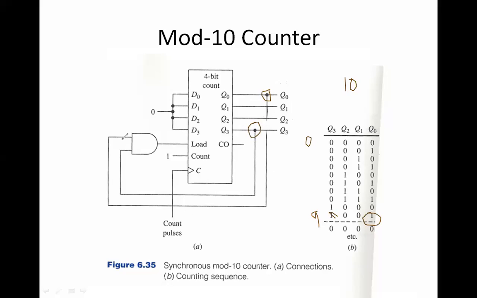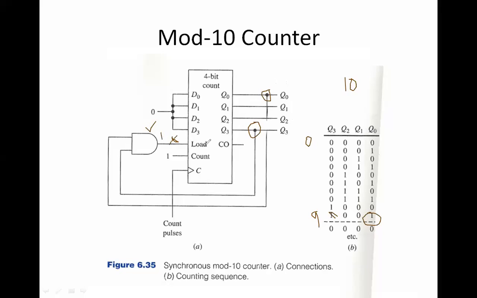These two I am connecting to my AND gate. The AND gate has a property where if one of the inputs is low, the output is low. So I'm getting a 0 if one of the values is 0. If both the values are high, then I will get 1.